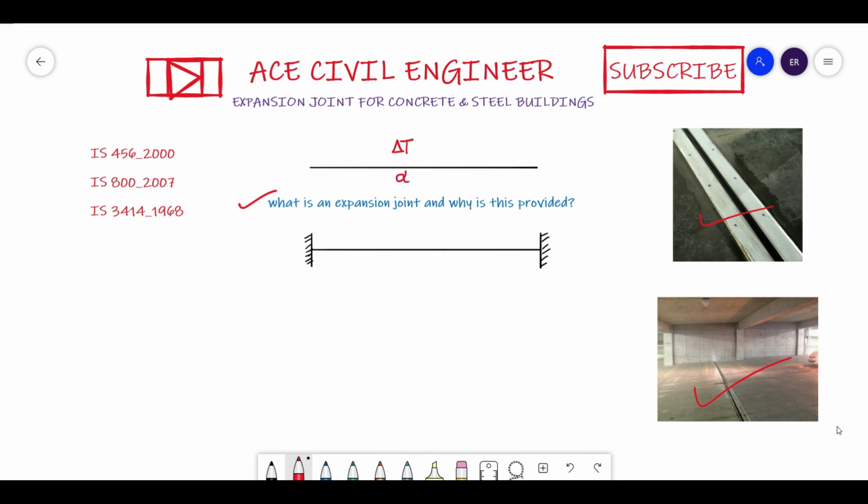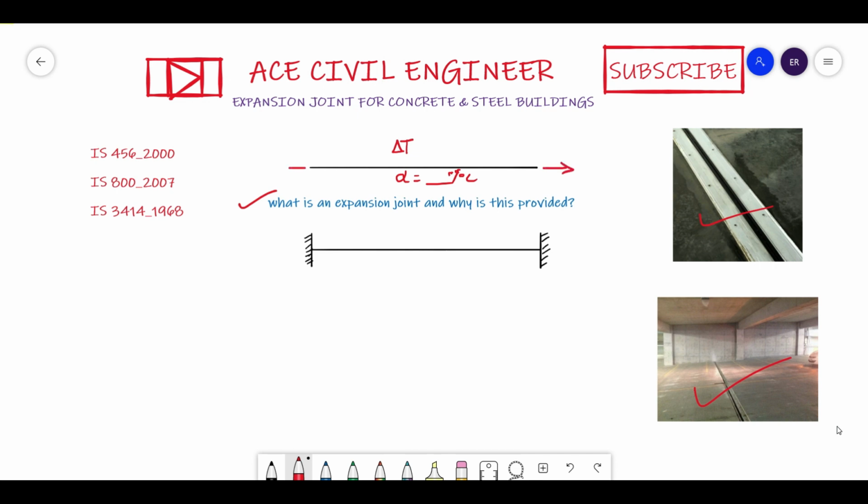There is a thermal expansion coefficient of this material, whose basic unit is mm per degree centigrade. Based on this thermal expansion coefficient, this beam will try to expand on both sides.